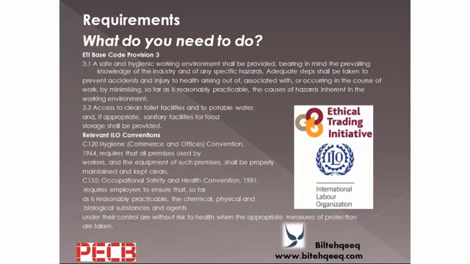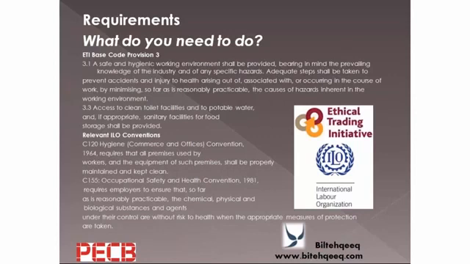Next is C155, the Occupational Safety and Health Convention 1981, which requires employers to ensure that, so far as is reasonably practicable, the chemical, physical and biological substances and agents under their control are without risk to health when the appropriate measures of protection are taken.